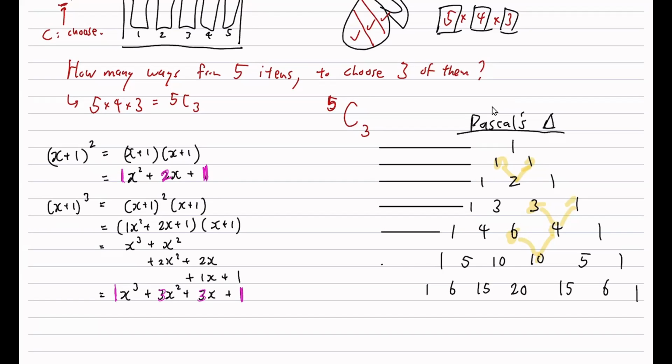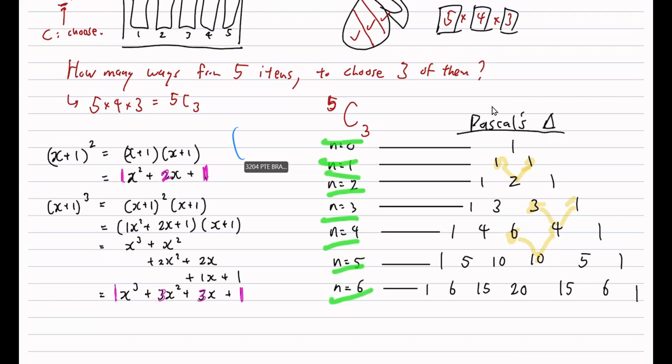Here, here, and here. I'll call this n equals 0, n equals 1, n equals 2, 3, 4, 5, and 6. Just finish up. Okay, these are what we call the nth rows.